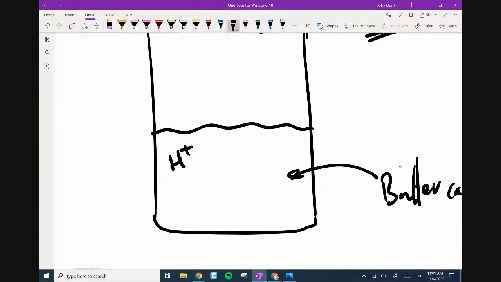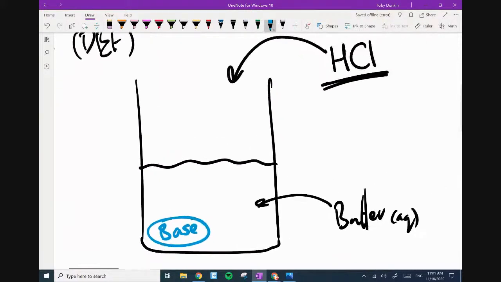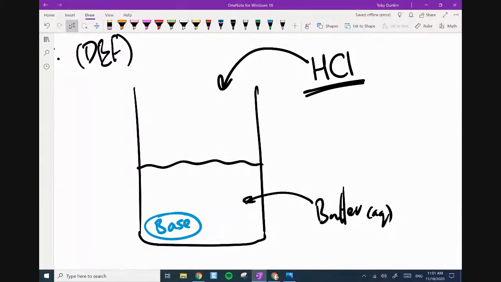What I am going to need is a base. So in a buffer, I need, change my color, I'm going to go for blue, a base. So I need some base molecules. If I add acid, that acid will react with the base and neutralize it.